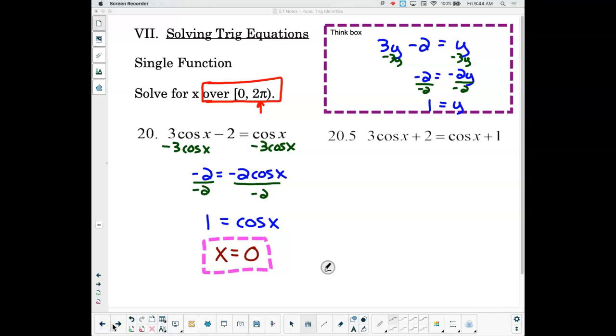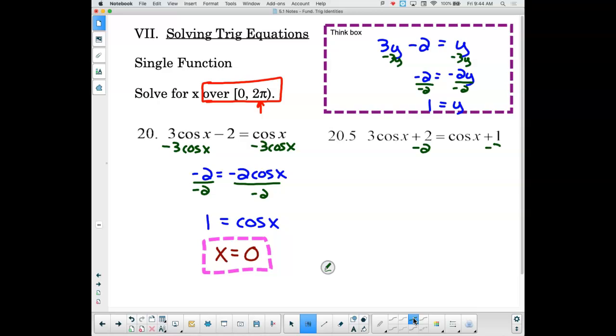First off, I would go minus 2, and then I would go minus cosine. We're smart enough mathematically that we can do that all at the same time. That would give us 2 cosines of x equals negative 1.